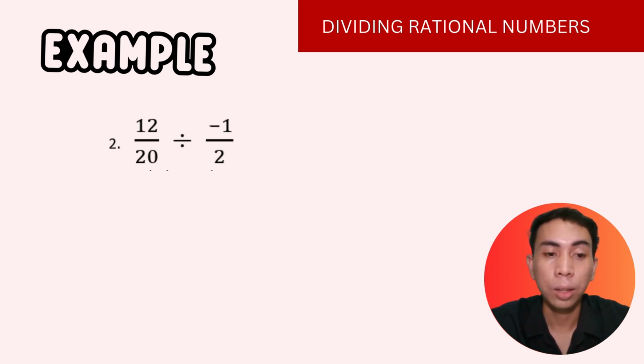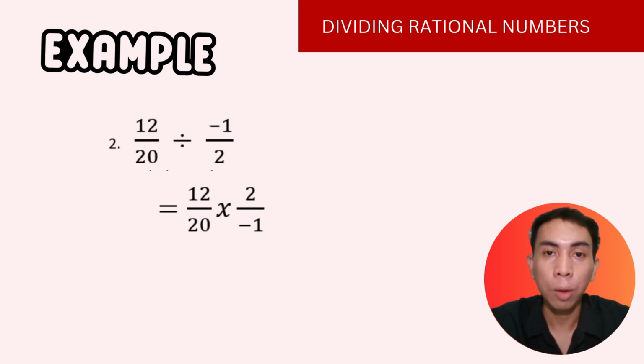Now let's take a look at example number 2. 12 over 20 divided by negative 1 over 2. We must first multiply the dividend times the reciprocal of the divisor. So 12 over 20 will remain, times the reciprocal of negative 1 over 2, which is 2 over negative 1.